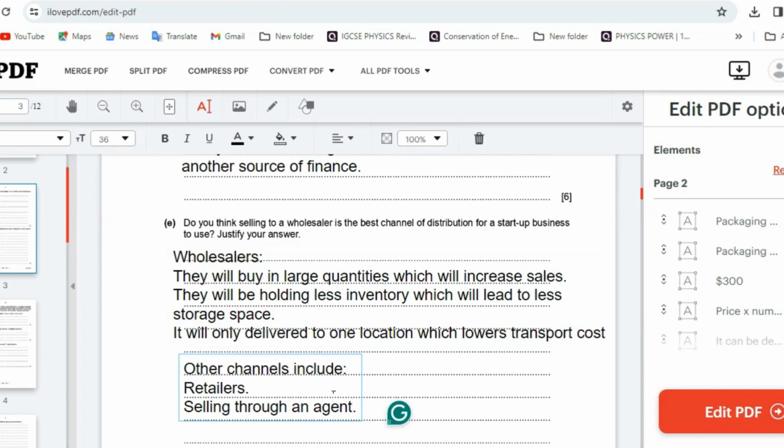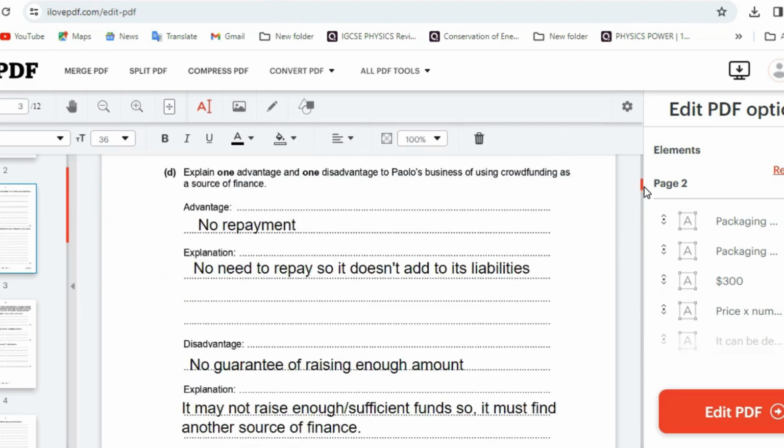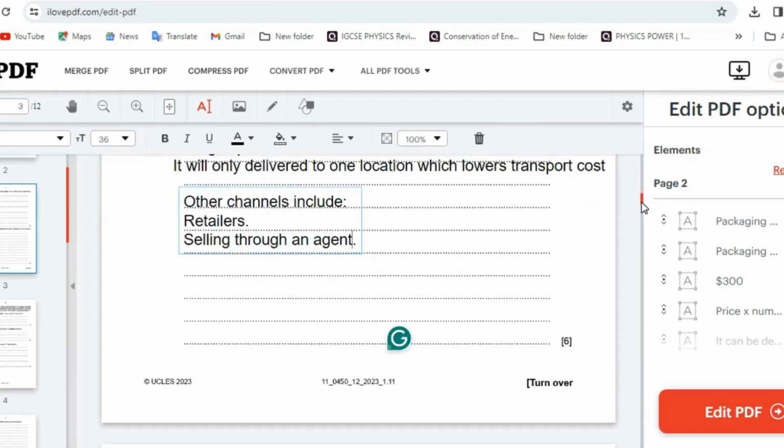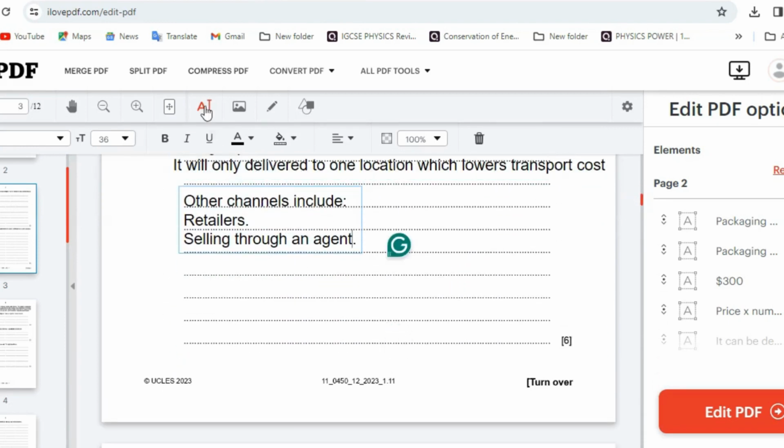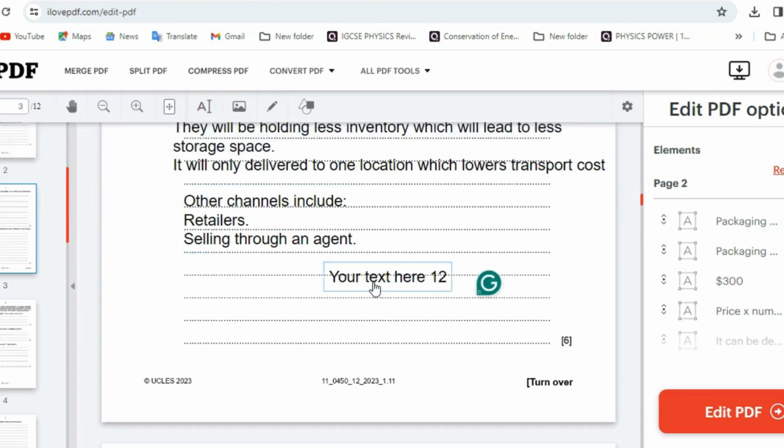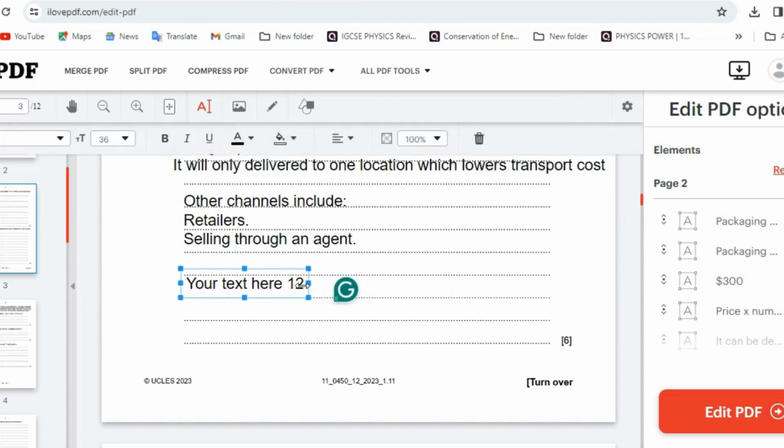Now let us see what's the justification of using wholesaler as the channel of distribution for the new business. Okay, let's try and add our text. Why do you think a wholesaler is the best channel to use?